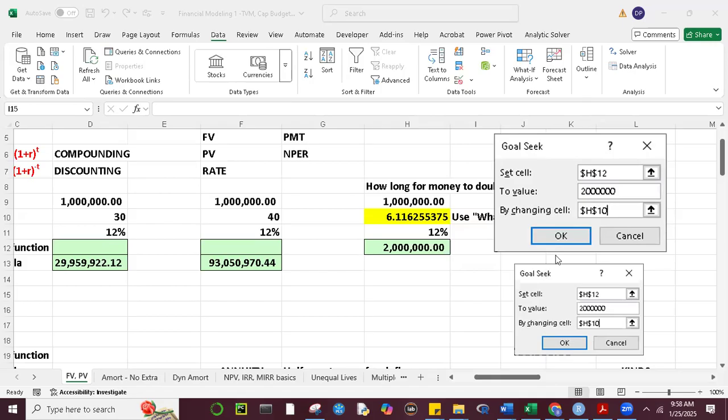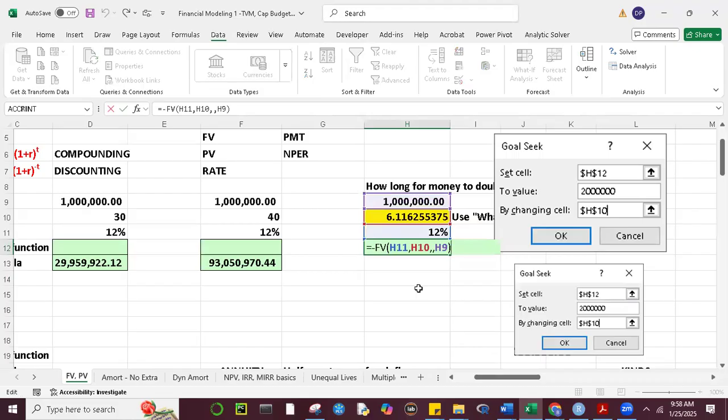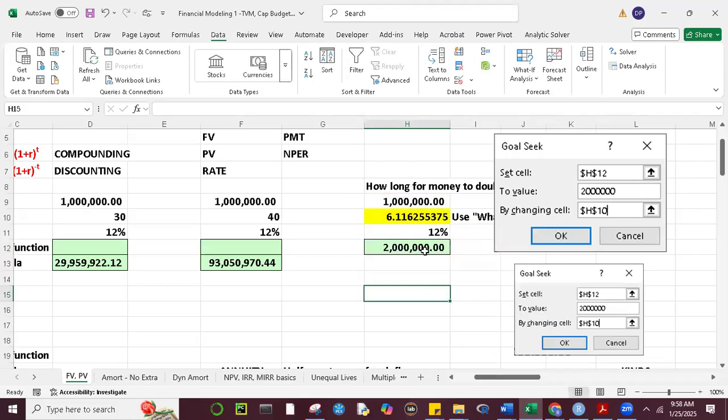Okay, good. So, even if this is the first time you're using Goal Seek, there are lots of things that you can do with Goal Seek. However, make sure that your model is already set. If you did not put the FV function here, then this would not run, because this one is linked to these values.